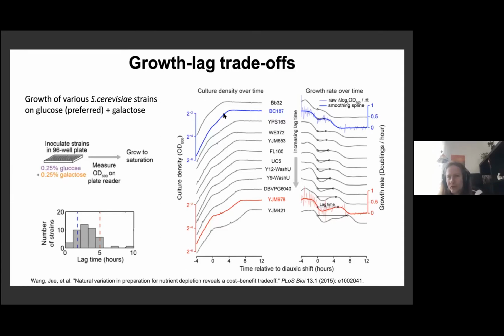And moreover, they show that different strains can have different growth curves with more or less pronounced lag phase here. From those growth curves, the growth rate is this slope. So they measured all those growth curves, they quantified growth and lag, and tried to dig into detail why there is this big variation here.